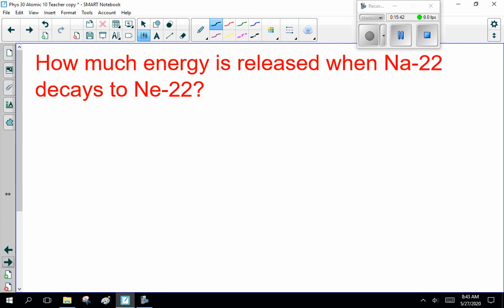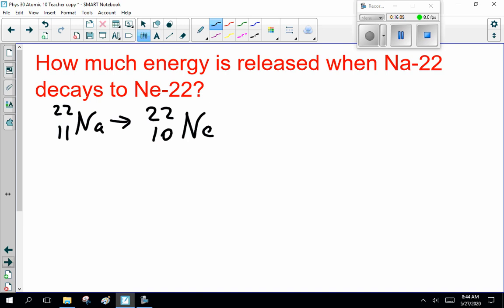So, let me give you a typical example. How much energy is released when sodium-22 decays to neon-22? So, sodium-22, Na, that is atomic number of 11, going to neon-22, 10, Ne. Now, part of the question is balance the equation. What do we got here?